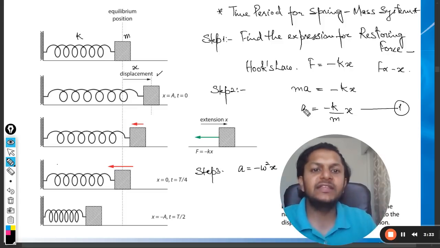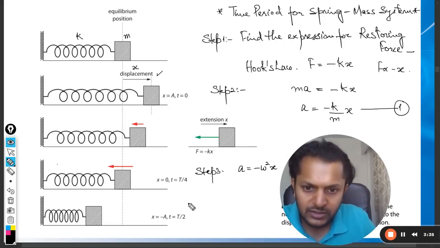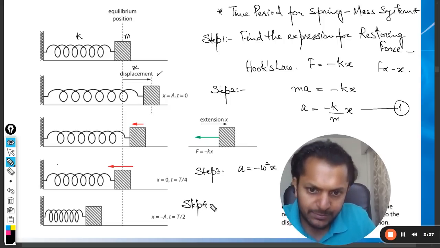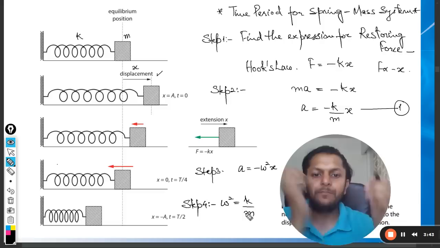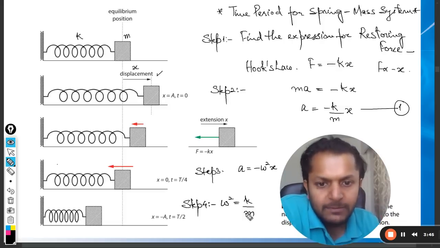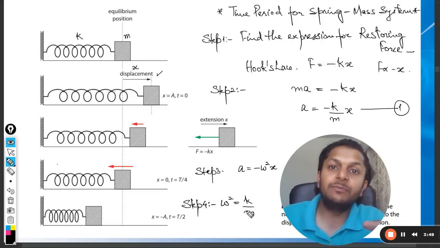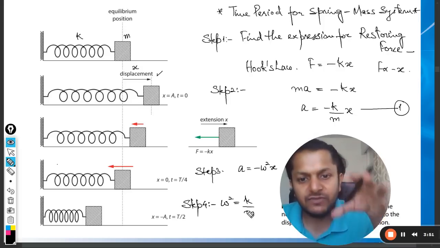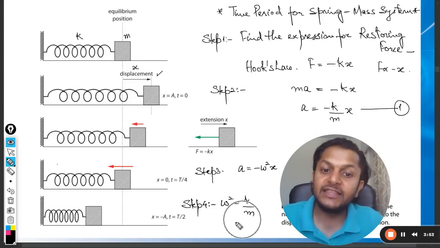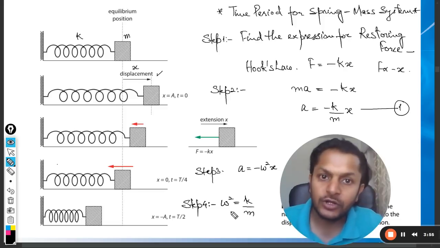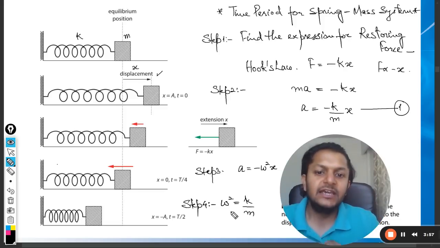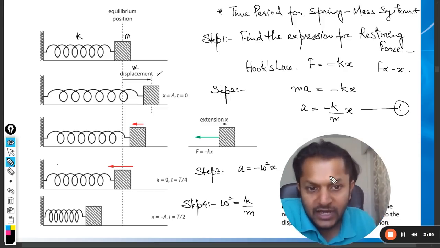This is step number four, which clearly means that omega square is equal to k by m. This is the expression that we were looking forward to. Omega will be replaced by 2 pi by capital T. We will substitute it in this, and then we are going to find the expression for the time period, that is T.